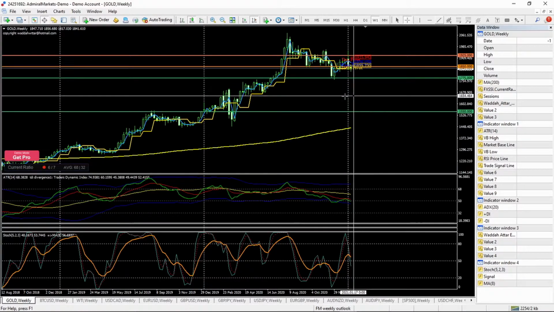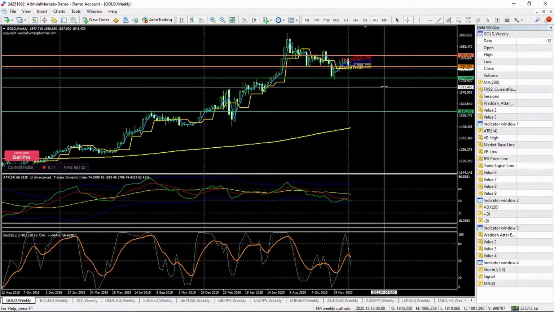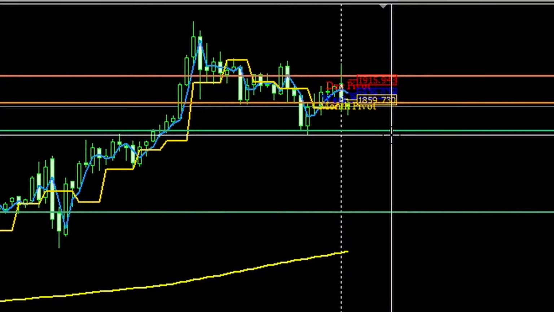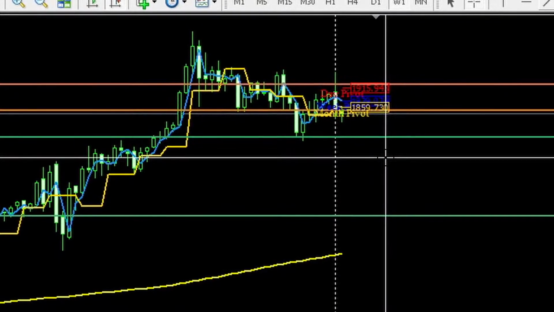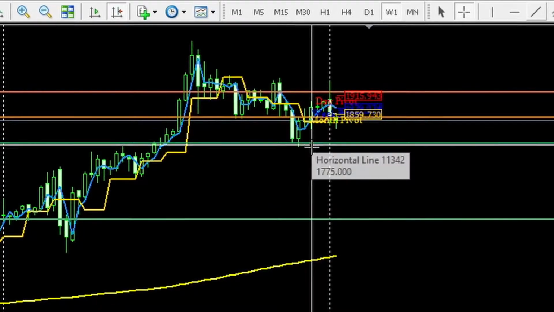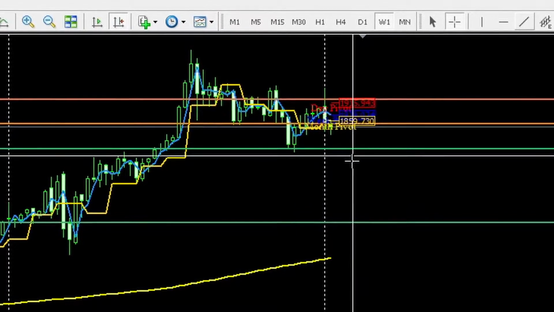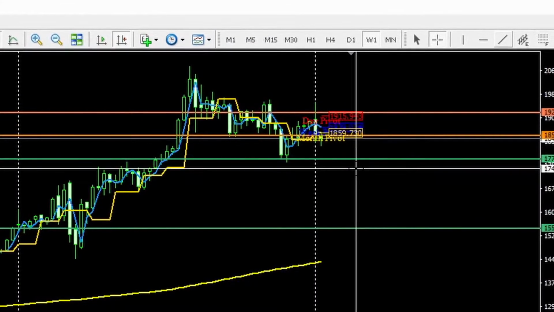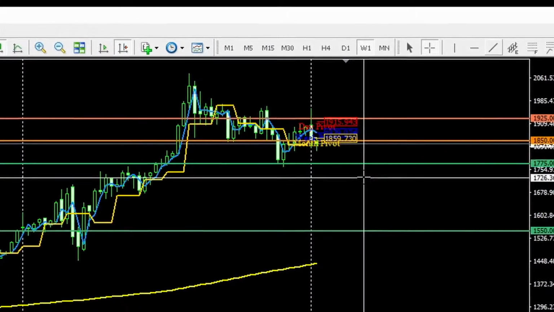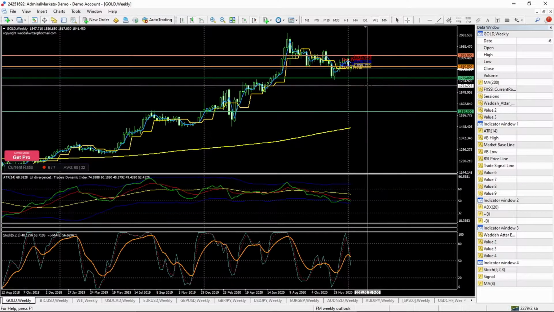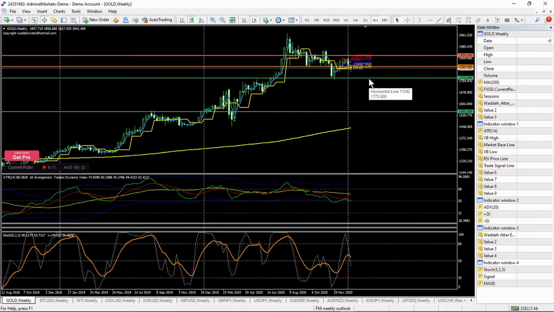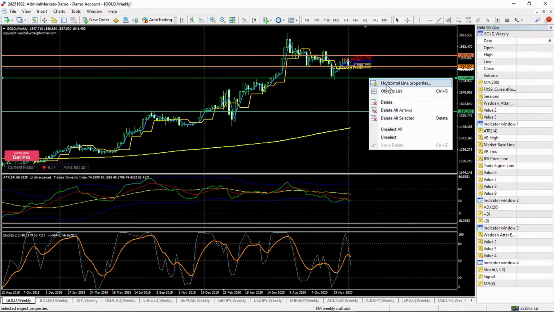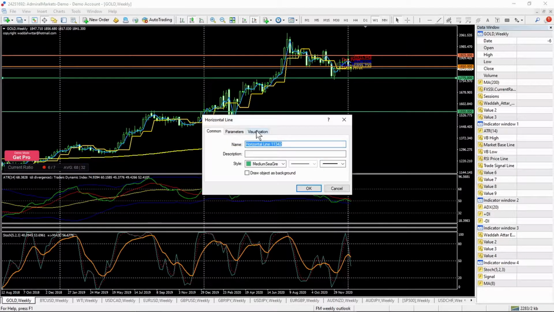As you can see, we had a bounce off of prior support at 1775, and now that is a support that is in the way. I also had this at 1750. Let me put this at 1750 for a second and see if that still acts as a type of support.